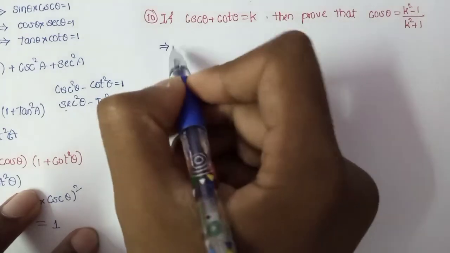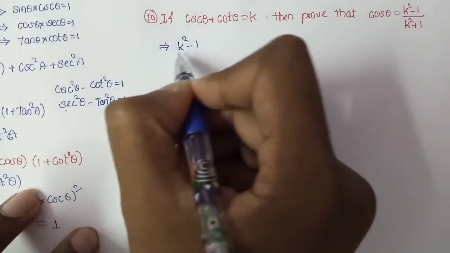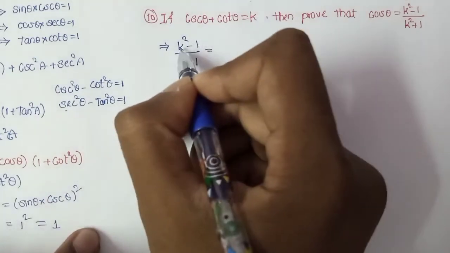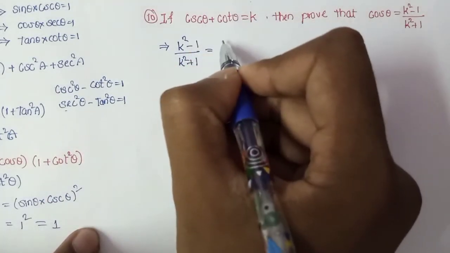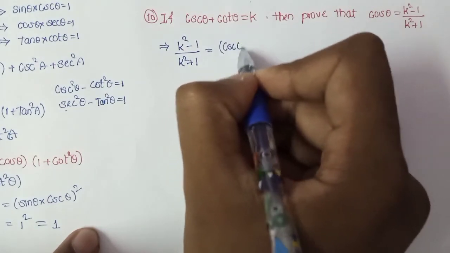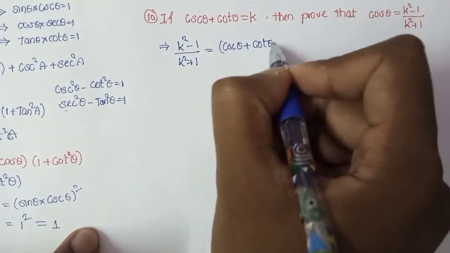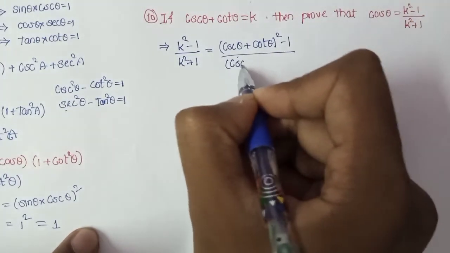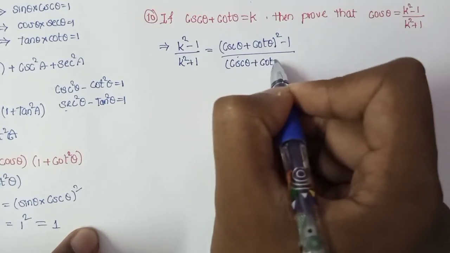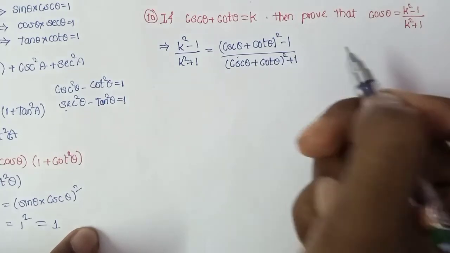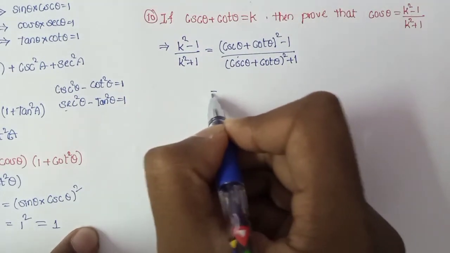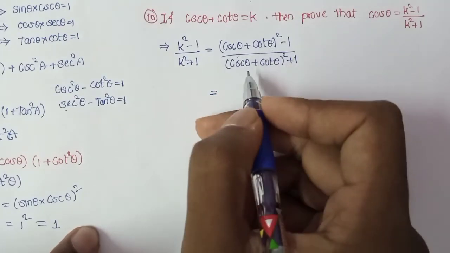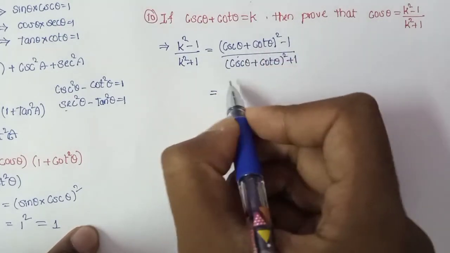First, we consider (k square minus 1) by (k square plus 1), which is equal to, with k as cosec theta plus cot theta, (cosec theta plus cot theta) whole square minus 1, divided by (cosec theta plus cot theta) whole square plus 1. So a plus b whole square, if you expand, what will you get?